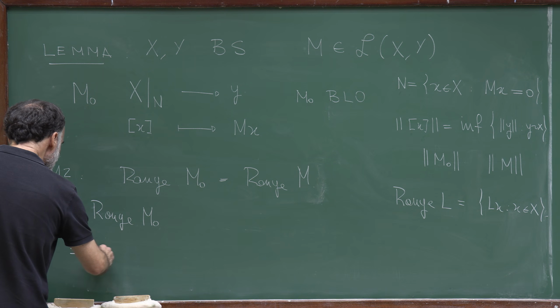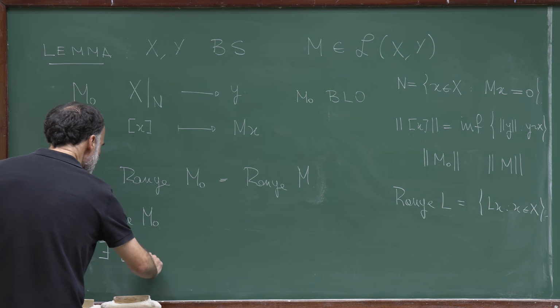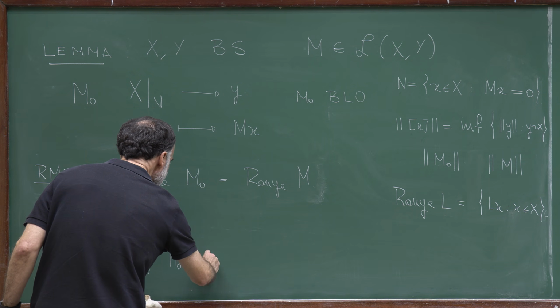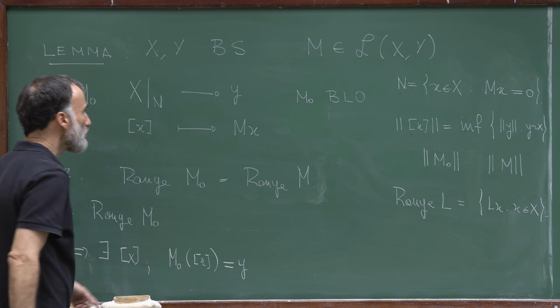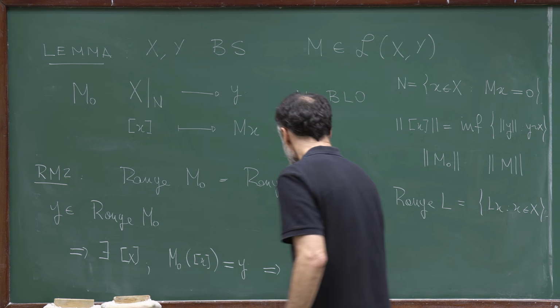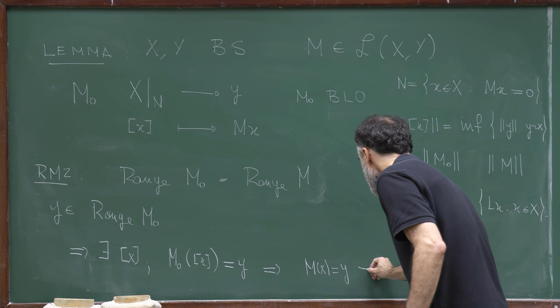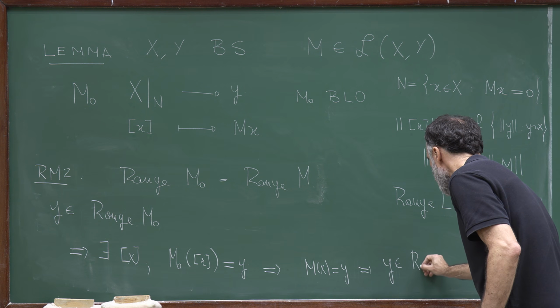This means that there exists an equivalence class x such that M0 of the equivalence class x is equal to y. But by definition, this means that Mx is equal to y, and this means that y belongs to the range of M.